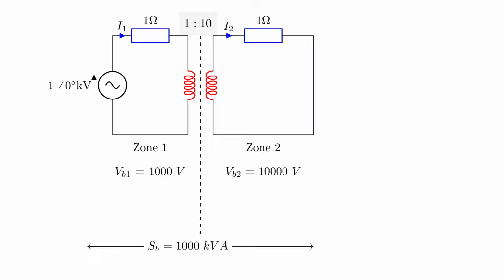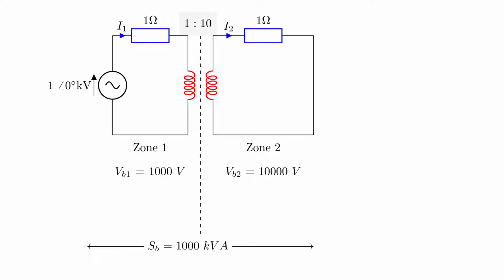Next, we can calculate Z-base and I-base in each zone. Bear in mind that this first example is a single phase system, and the equations for a three-phase system do differ slightly, but it's only a square root of 3 here or there, so don't worry about that yet. We'll come to that a bit later.